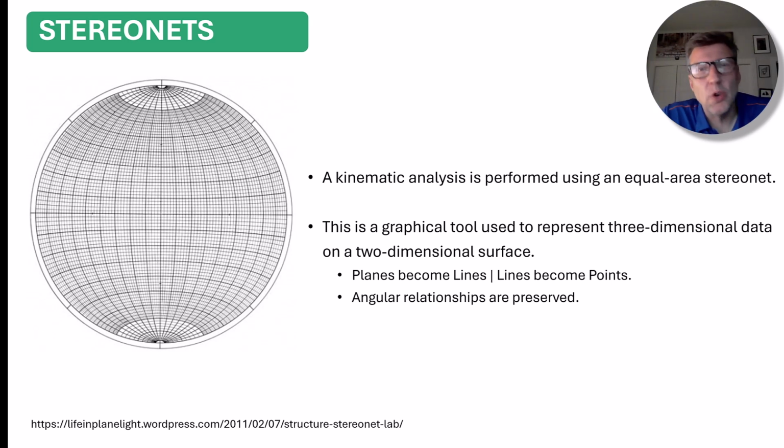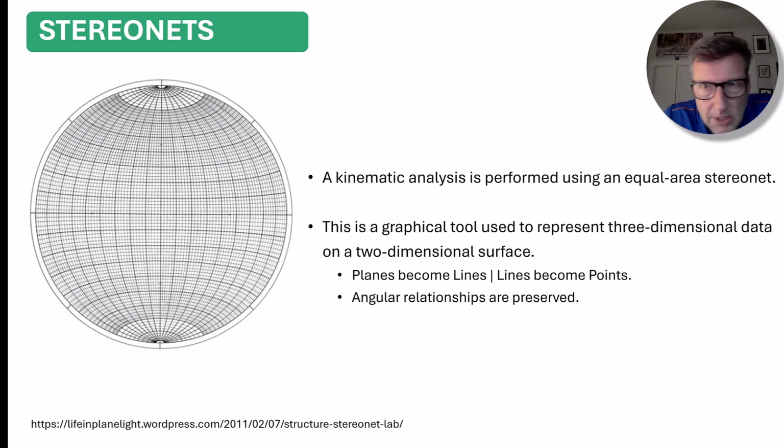We're going to take the orientation of our planar discontinuities, strike and dip, or dip and dip direction, and plot that data on what's known as a stereonet. A stereonet is a graphical tool used to plot three-dimensional data on a two-dimensional surface.